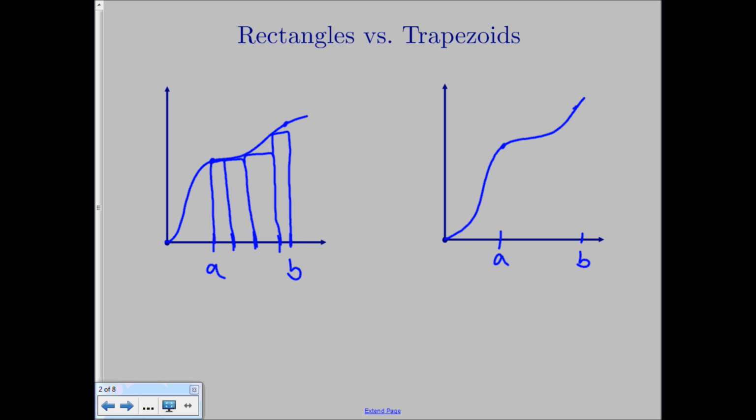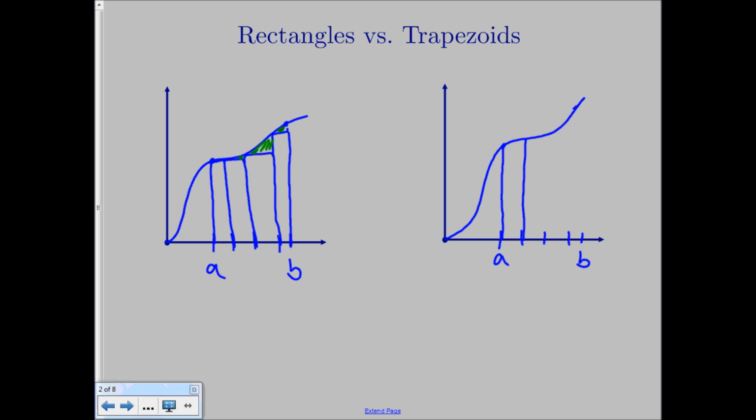The rectangles look like they're covering a lot of the area, but if I shade in the area that's not being covered so far with green, we have a lot of area here that's actually not being covered. But now what happens if I split the same interval up into 4 intervals and instead draw trapezoids?